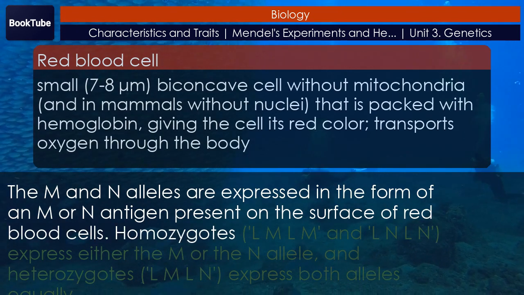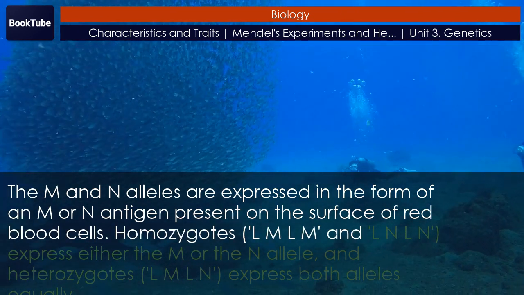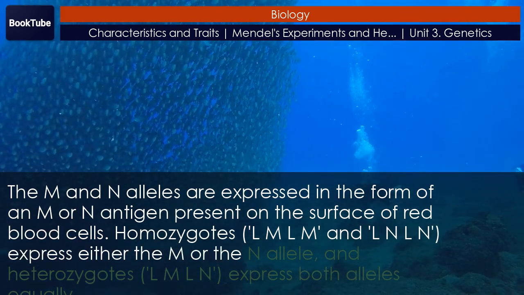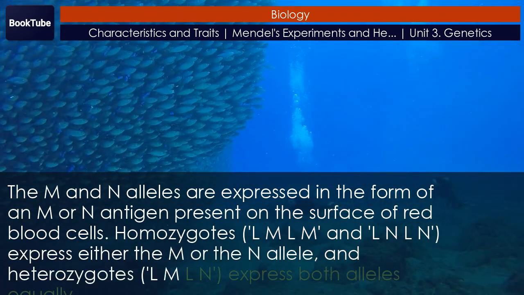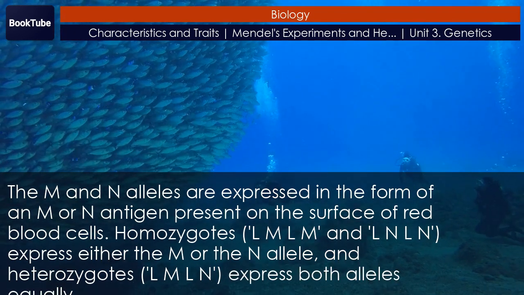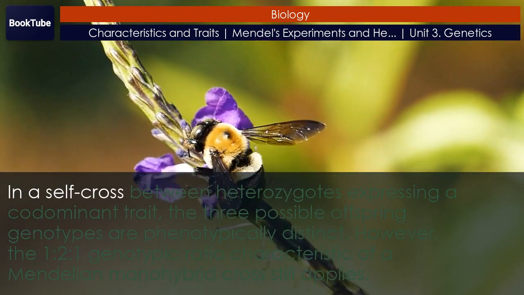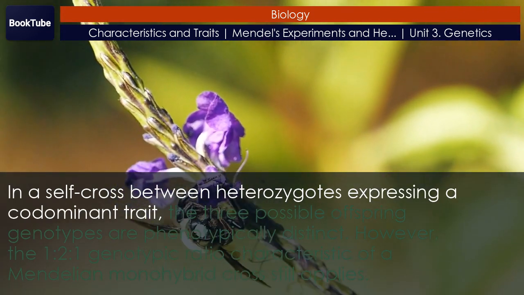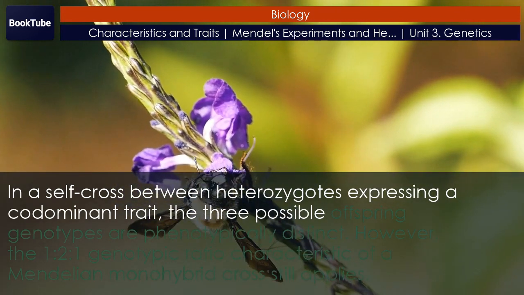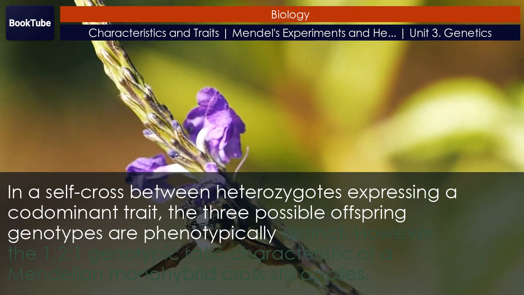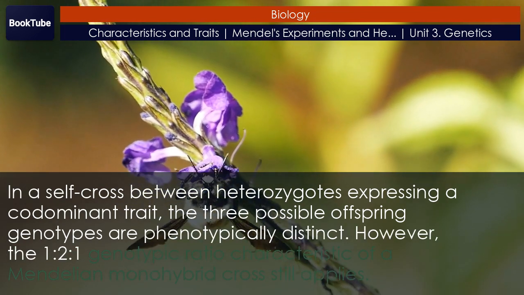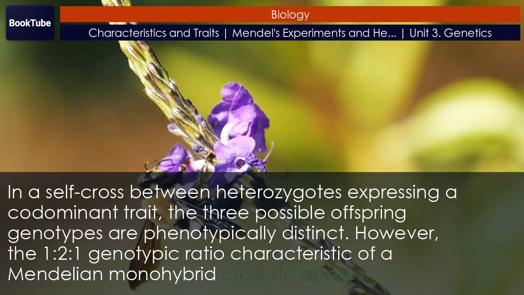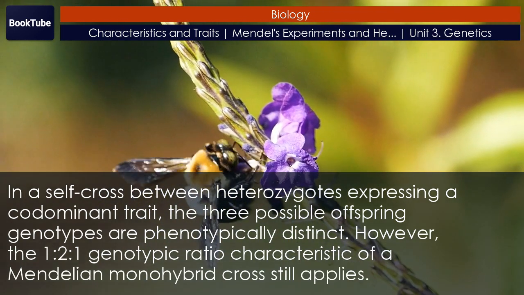Homozygotes, LMLM and LNLN, express either the M or the N allele, and heterozygotes, LMLN, express both alleles equally. In a self-cross between heterozygotes expressing a codominant trait, the three possible offspring genotypes are phenotypically distinct. However, the 1:2:1 genotypic ratio characteristic of a Mendelian monohybrid cross still applies.